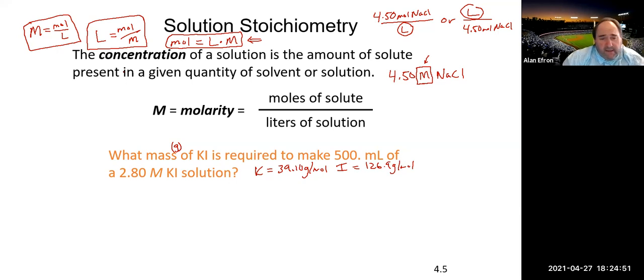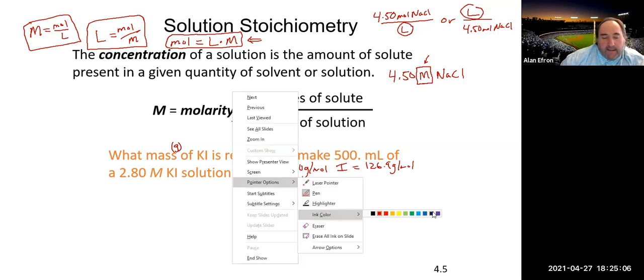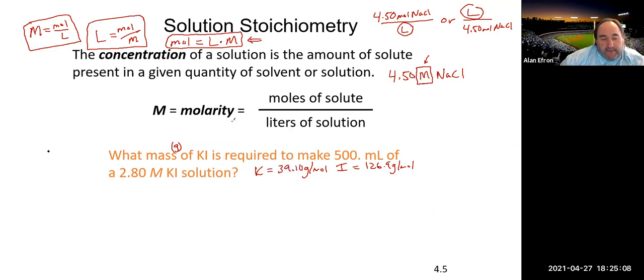Okay, so let's take a look. So obviously we're given molarity, we're given volume. So we're doing something with molarity here, so we should think about the molarity formula. And that is, again, molarity is moles per liter. We do have the molarity given to us.